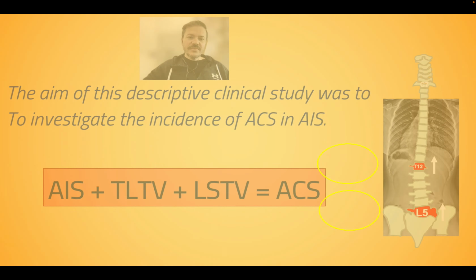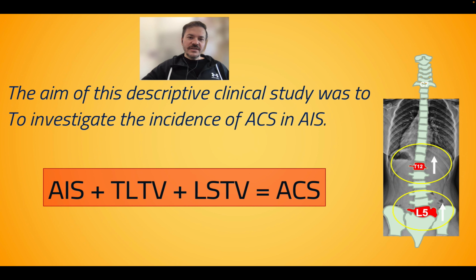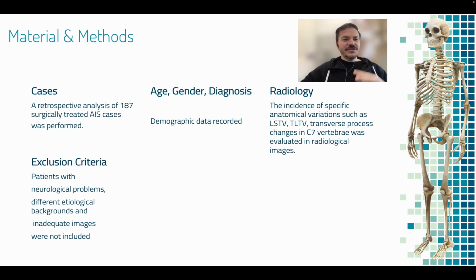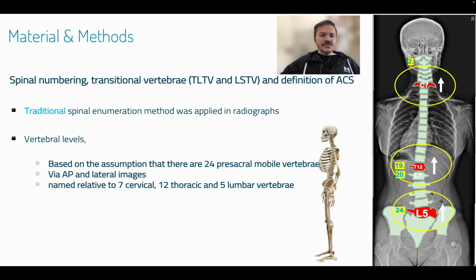And we sought the incidence of ABUL cranial shift in 187 surgically treated adolescent idiopathic cases. These are the general material and methods which we used for the study. So what we did was we just used the normally known traditional spinal enumeration method for the radiographs.